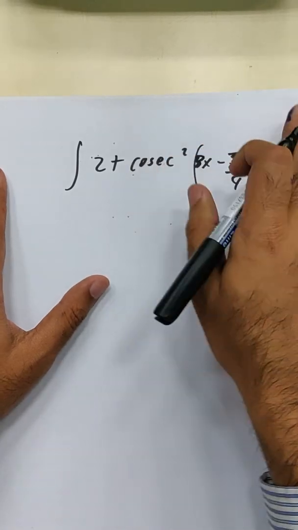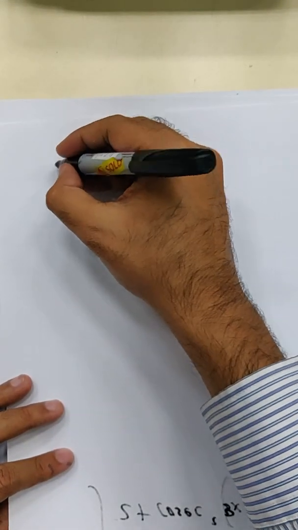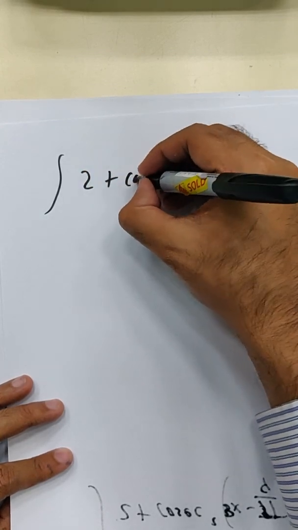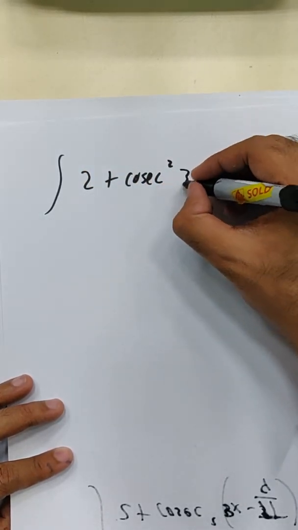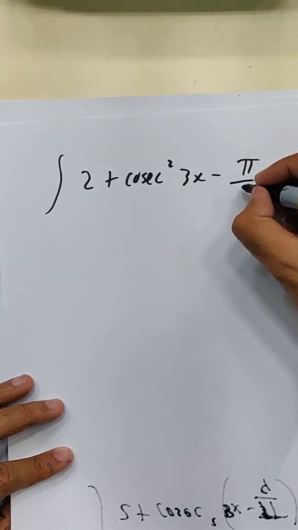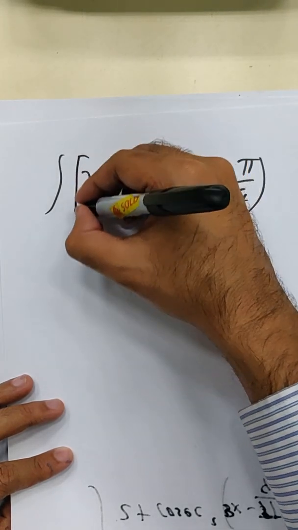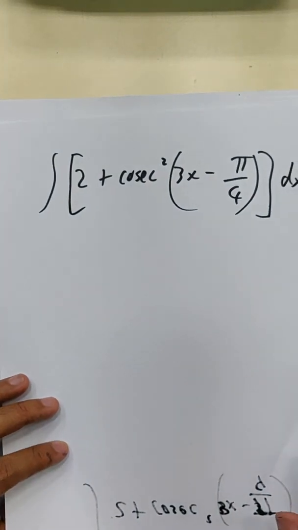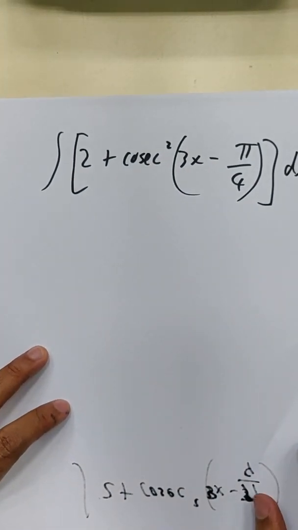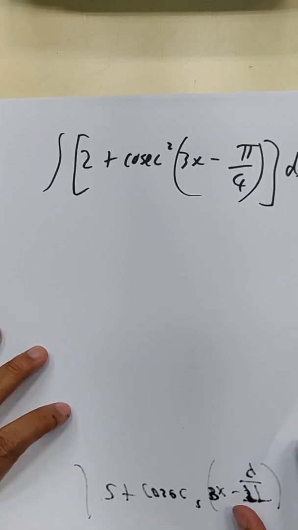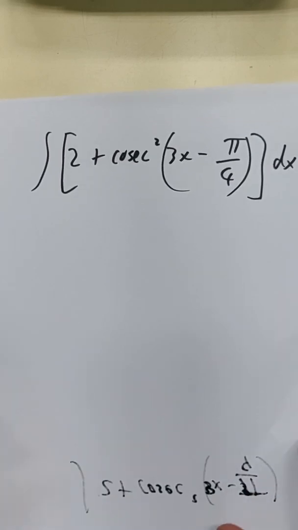This one is 3. What do you think? How should we start?